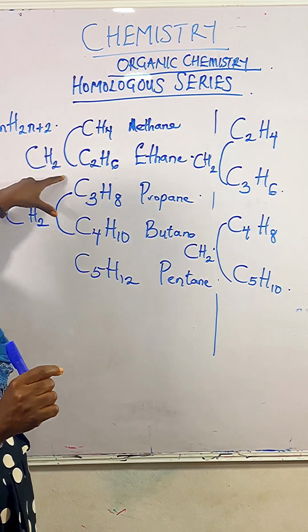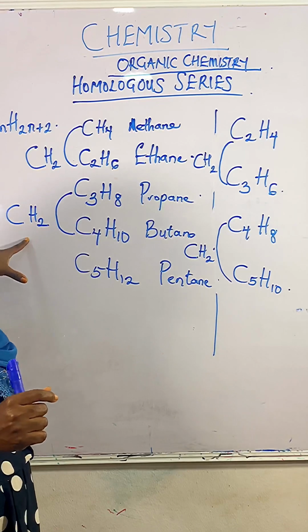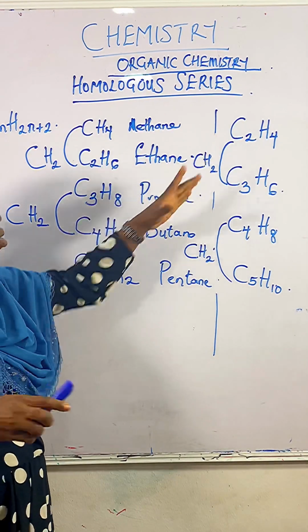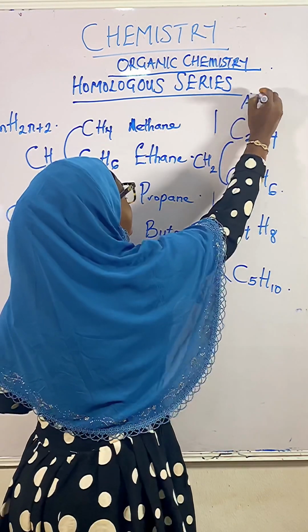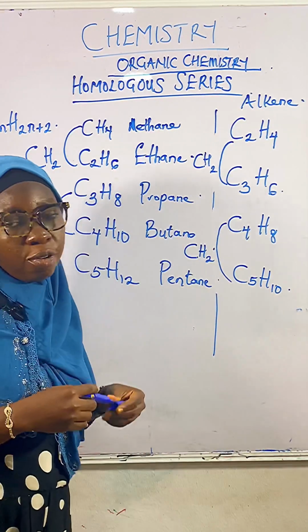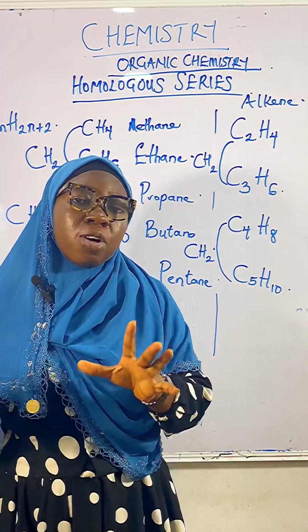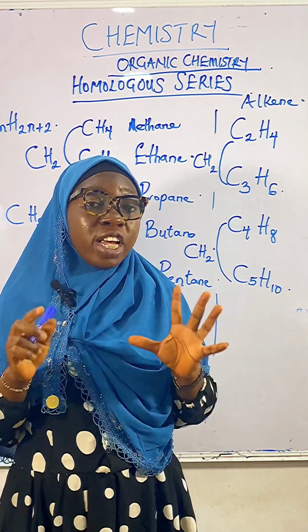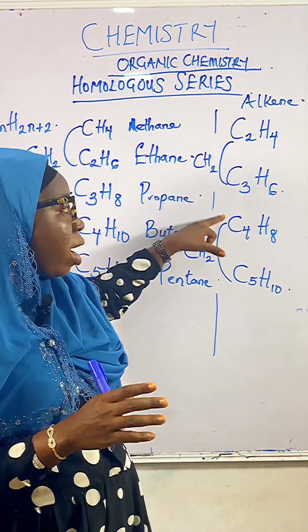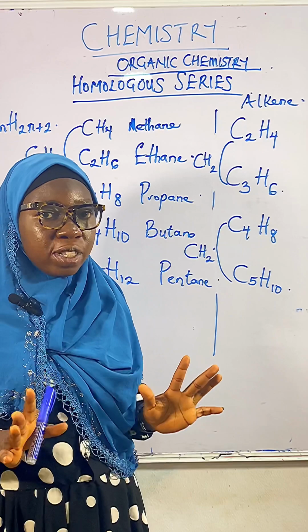The difference between this and this is CH2. The difference between this and this is also CH2. The same thing applies to the alkene group. It also applies to the alkyne group. So a homologous series is a group of organic compounds that have a regular structural pattern in which each successive member differs by a CH2 group. I believe it is clear.